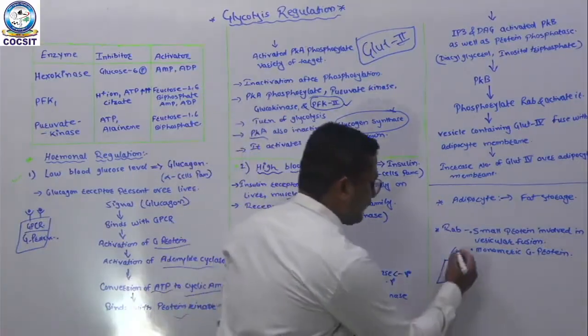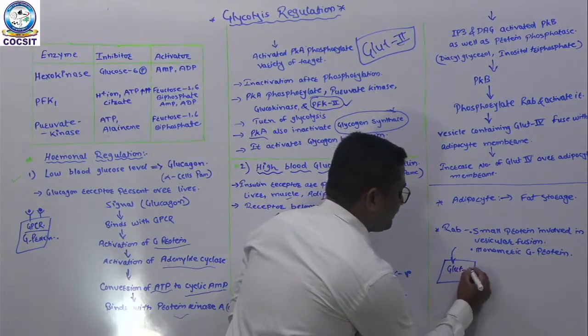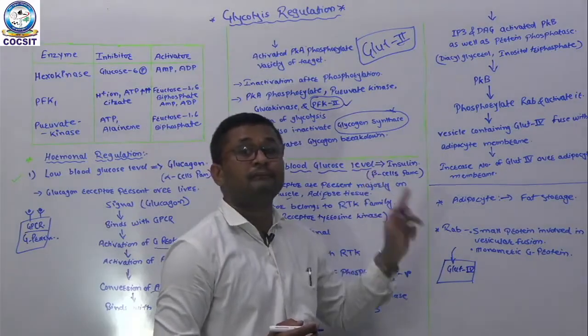For that transport there is one transporter, the glucose transporter, and that is nothing but GLUT4. Okay, this is the only glucose transporter which is under control of the insulin.